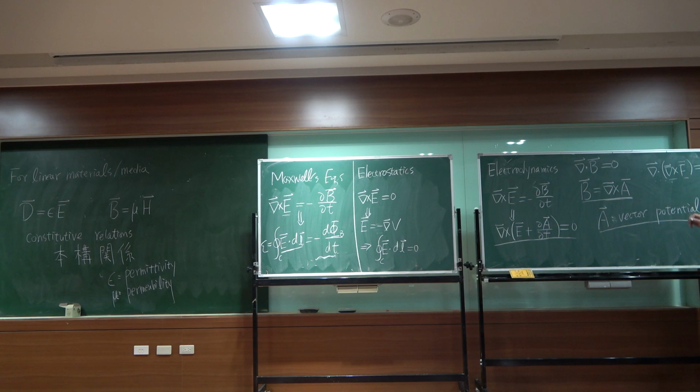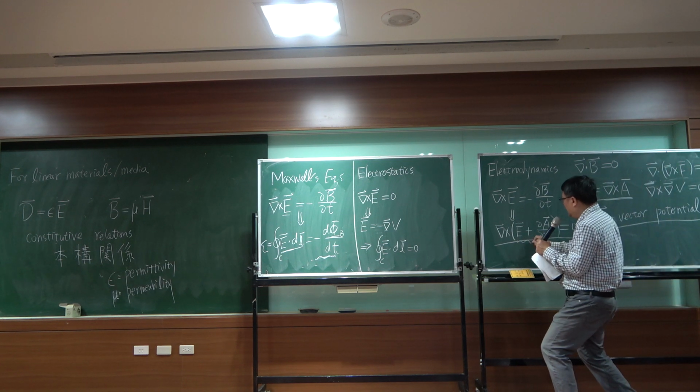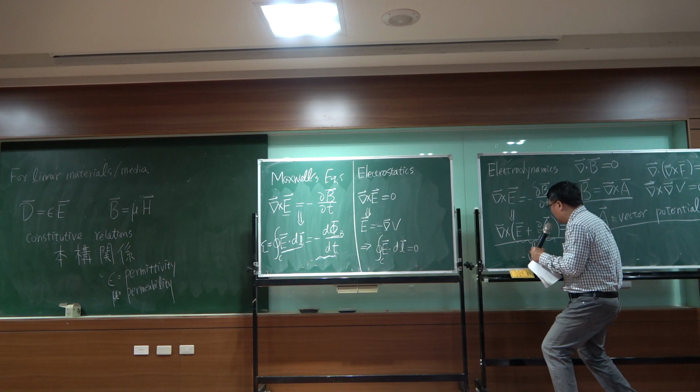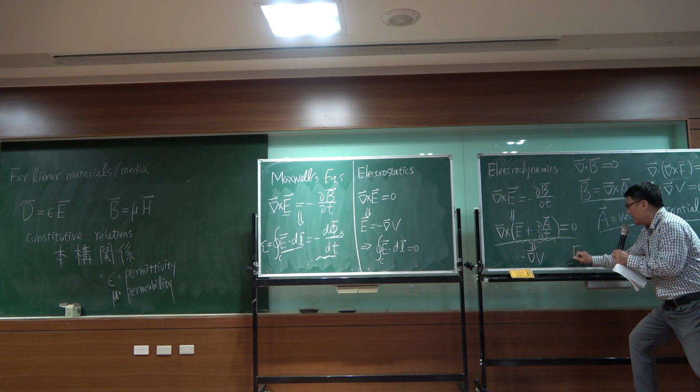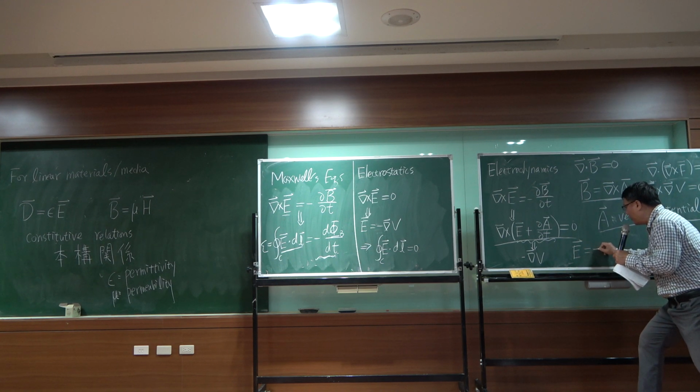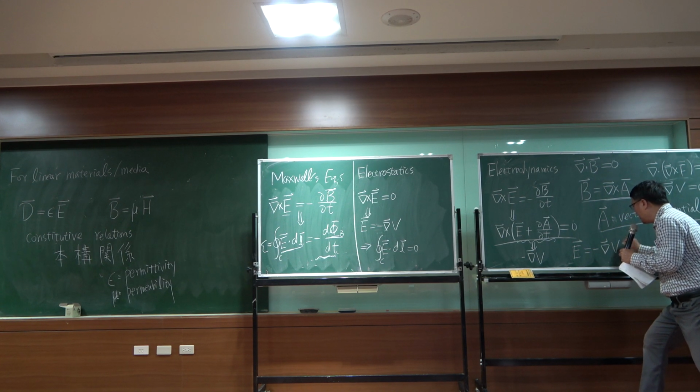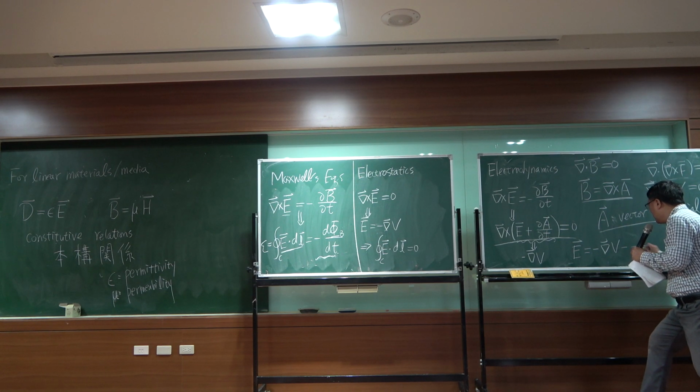Now, we also learned from engineering mathematics that curl of gradient something is equal to 0. Okay? 就梯度的旋度是0。So this term can be written as minus gradient V. So in electrodynamics, E is equal to minus gradient V minus partial A partial t.